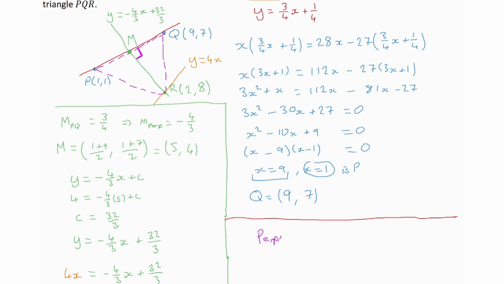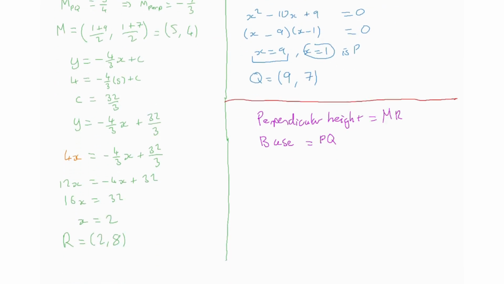Let me write that down. And we also need the base, which is going to be PQ. PQ times the perpendicular height. So if we work out each of those, we can then work out the area. So let's work out MR first.